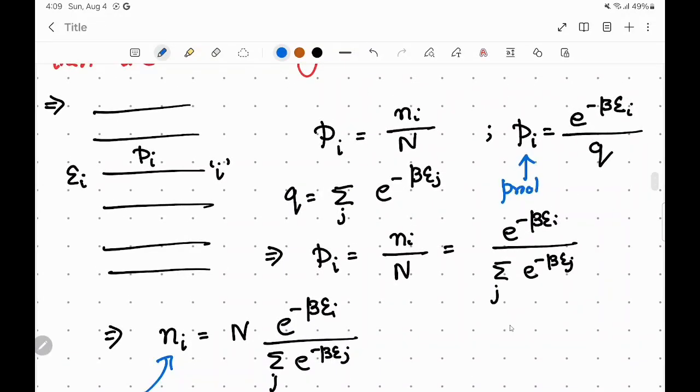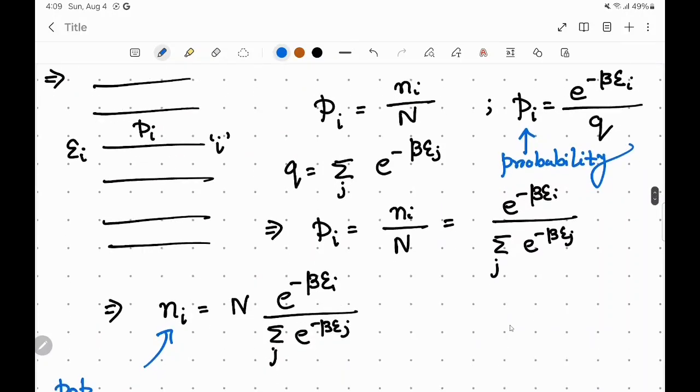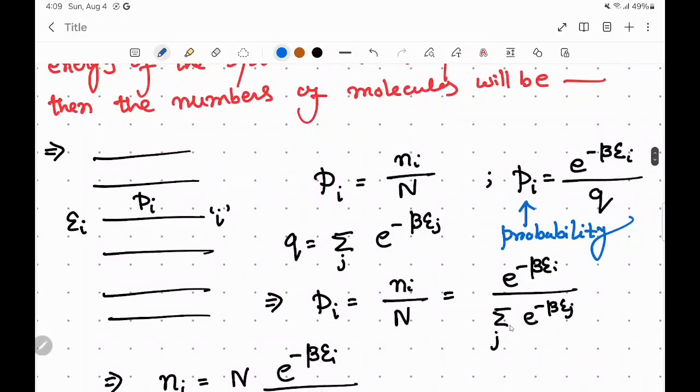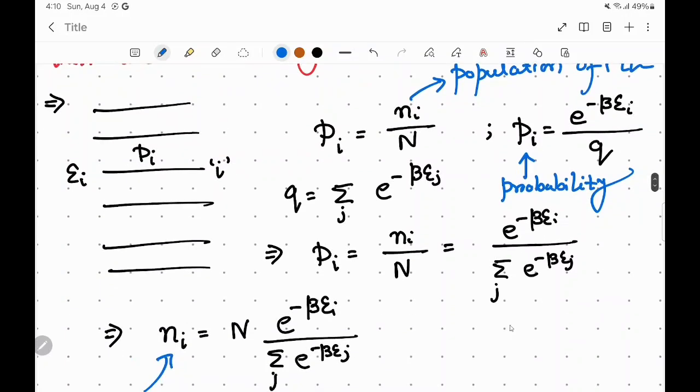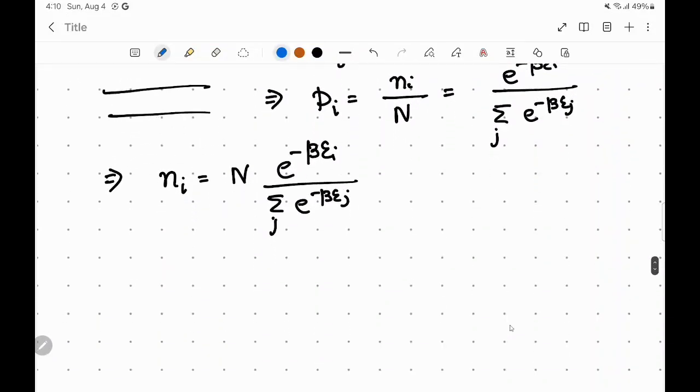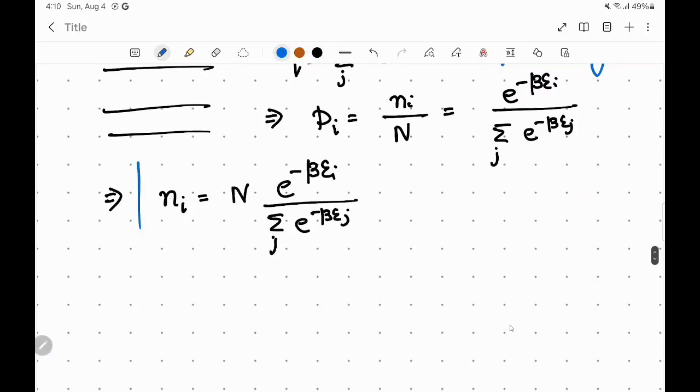Probability of finding a particle at the ith level. The meanings are the same, but in mathematical terms it means the probability, that is Ni by capital N. Ni is the population of the ith level, and capital N is the total population. So it will be N into this formula. So this formula we can use.